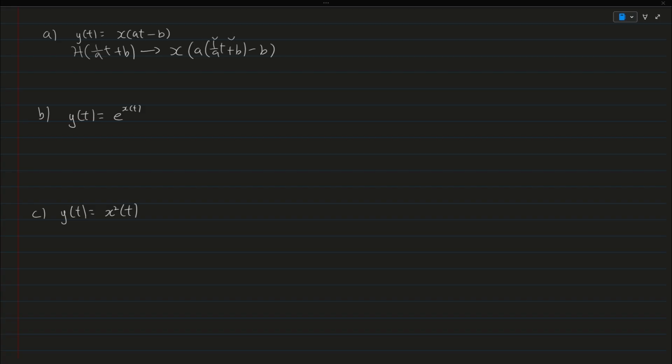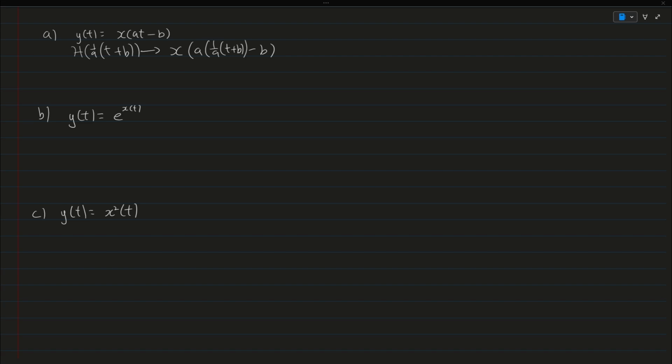So actually, maybe I should do 1 over a times t plus b, because the scaling applies to the shift. We talked a bit about that in one of my first videos on function transformation. So now we have t plus b in another parentheses.